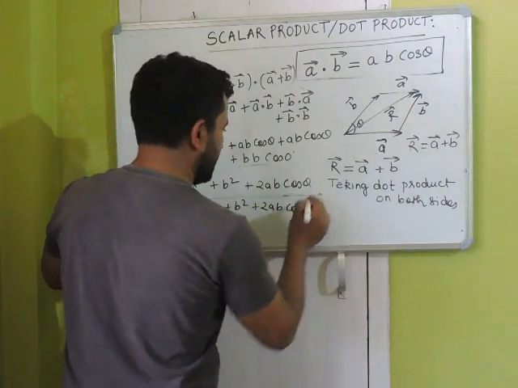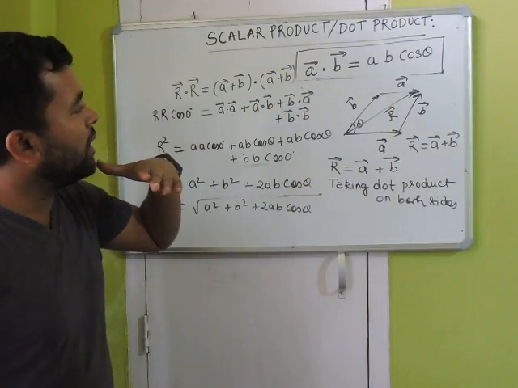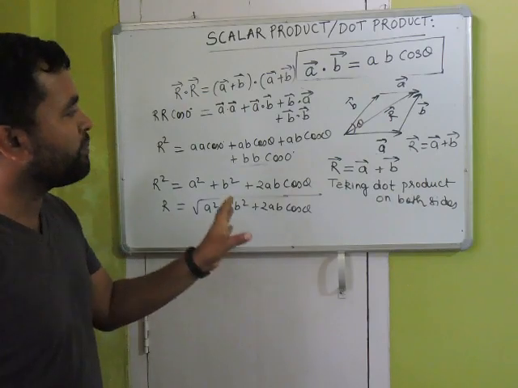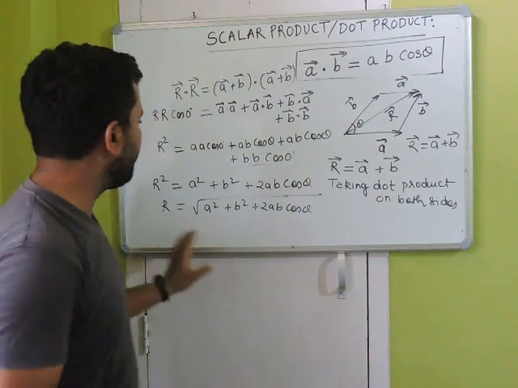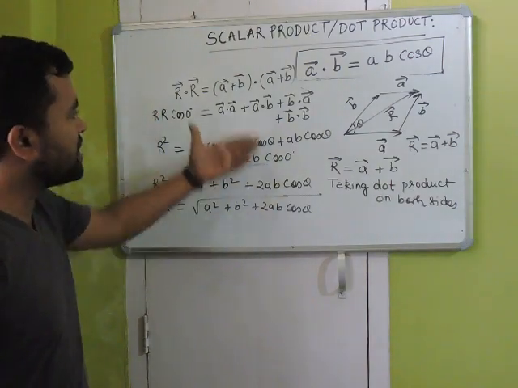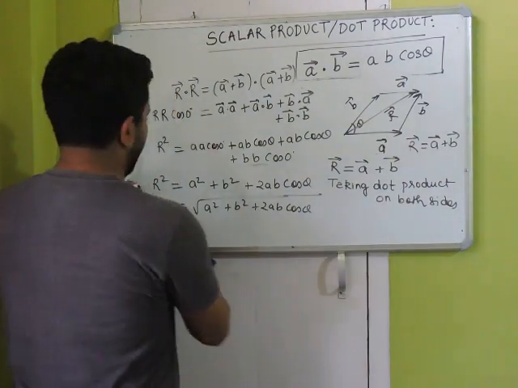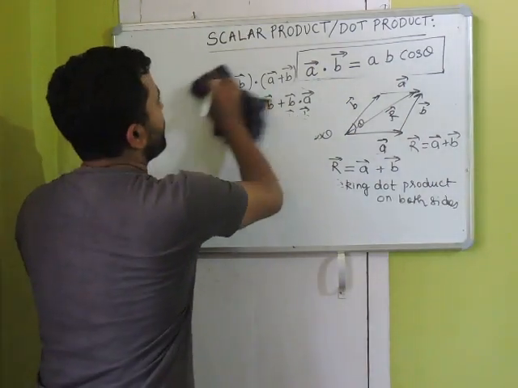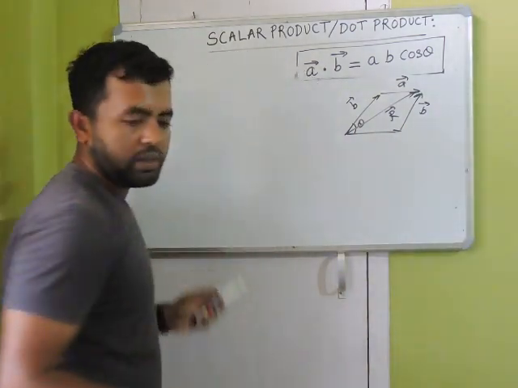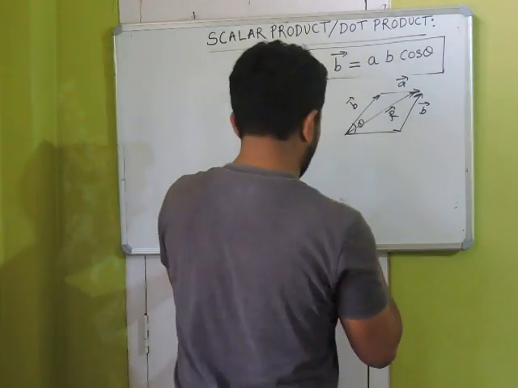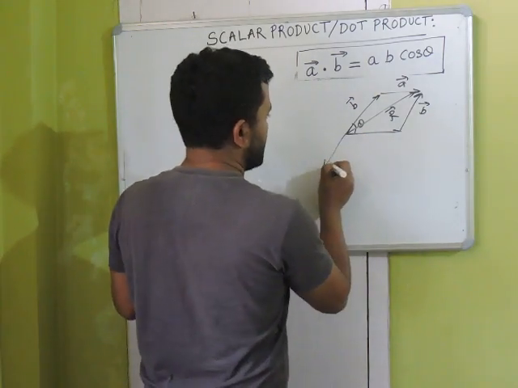This can be derived in this way also. This is much easier, right? So this scalar product to find magnitude is very important. If you know the vector, you can take the dot product with itself and you will find the magnitude. So this relation we just derived using dot product. And the same way, if I have a minus b vector, let us quickly do it, this is b, so minus b will be this.